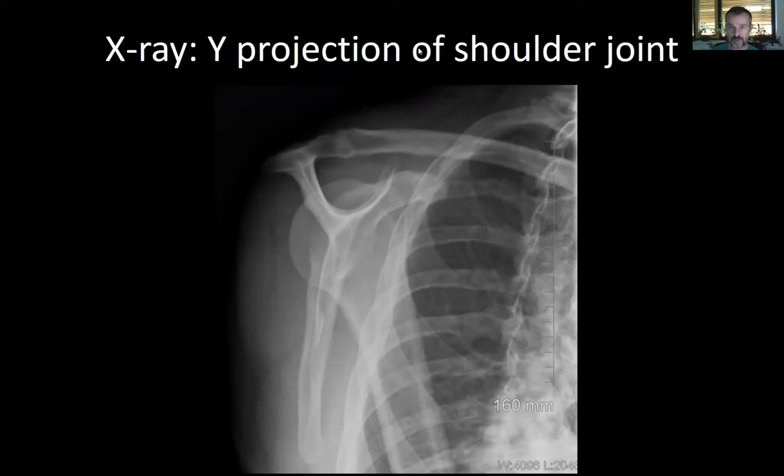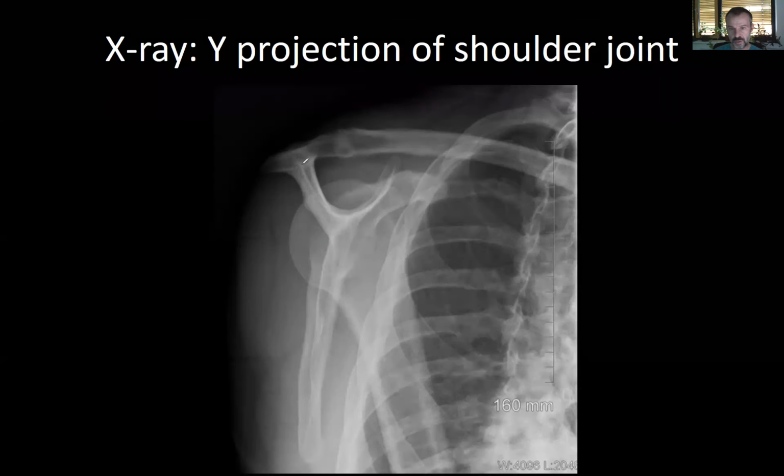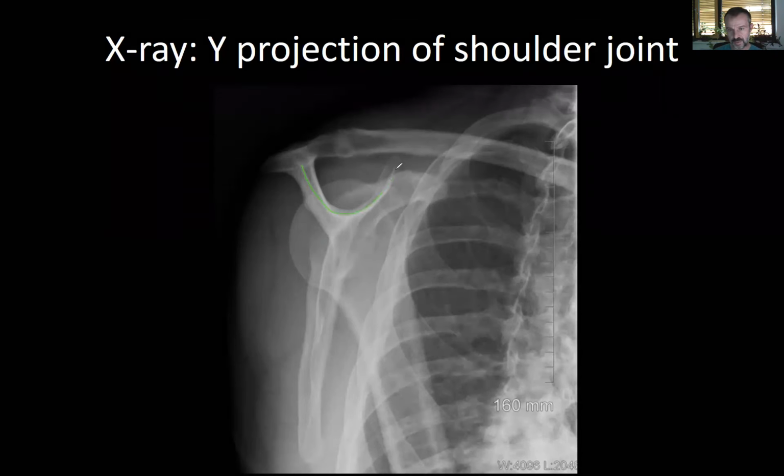A special projection, which is called Y projection of the shoulder joint, to nicely show this. That means acromion here, and spine of scapula is here, and coracoid process then here. That's the coracoid process, and this is the superior border of scapula.